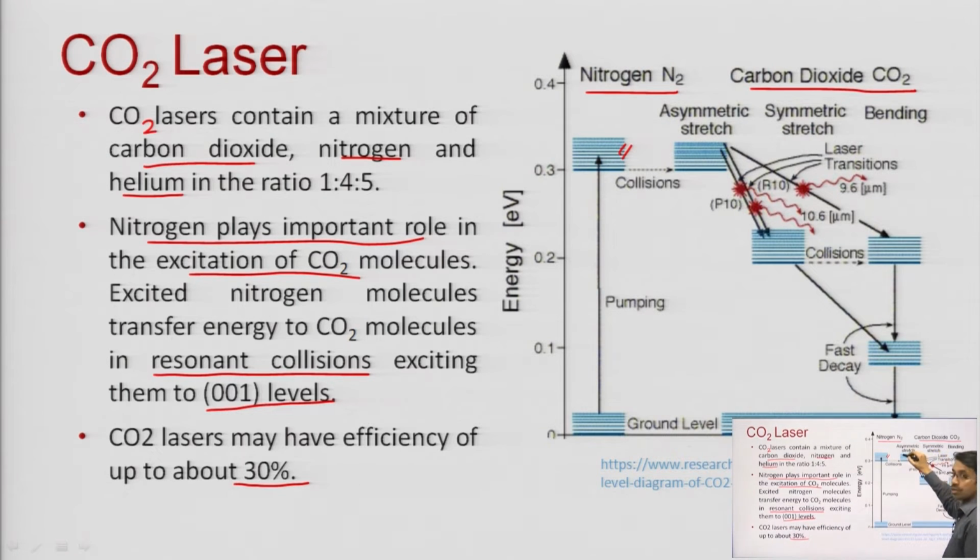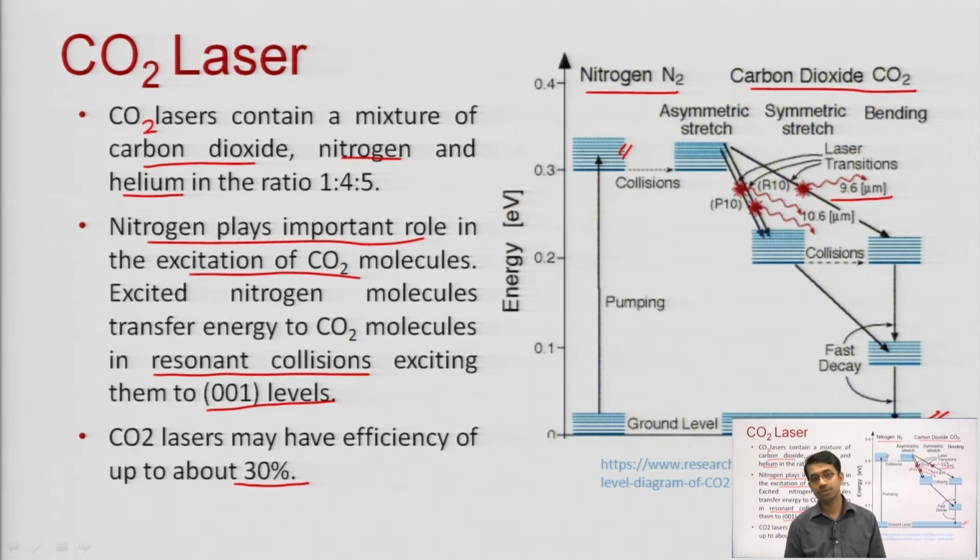When the CO2 molecule goes from the asymmetric vibrational mode to the symmetric mode and bending mode, we get laser transitions. Over here you can see this is 10.6 micrometers, this is 9.6 micrometers, and through collisions and fast decay they finally come to the ground state.